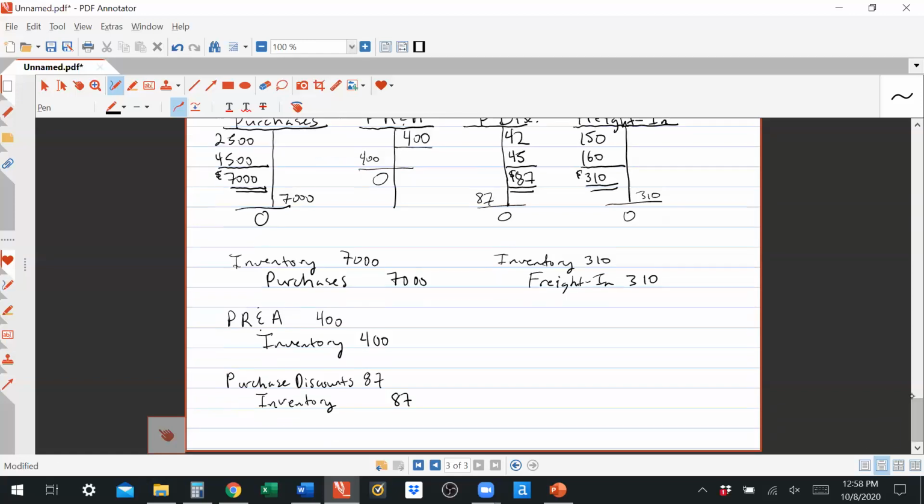And now each of these four accounts has zero balance, and inventory has now been updated. So let's look at the inventory T account. Suppose they gave us the beginning balance in the account. I'll just pick a number. It was $1,000.